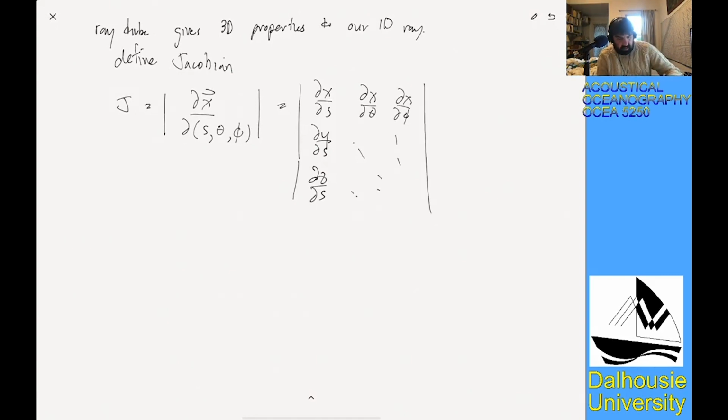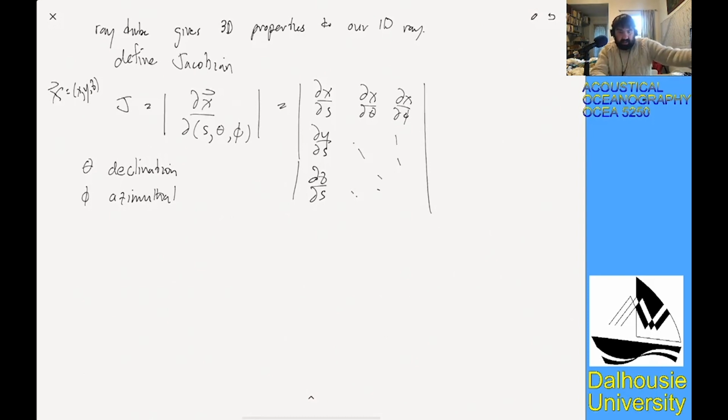And in our coordinate system, theta is going to be the declination, and phi is going to be the azimuthal angle. And of course, x is just x, y, z, like I said previously.